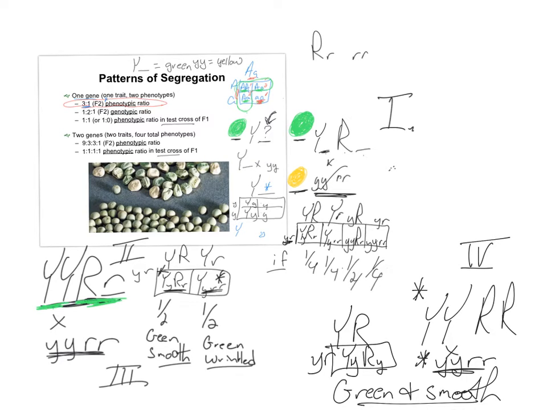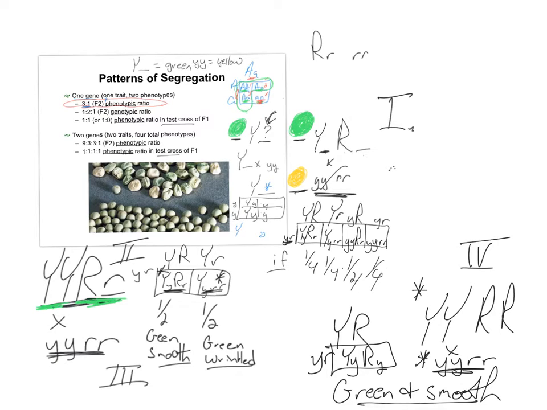By doing this cross and looking at the phenotypic ratios you get, you know the genotypic ratio of the parent. If the parent is green and smooth, there are several possibilities. It could be big Y, little y, or big R, little r, and it would still be green and smooth.